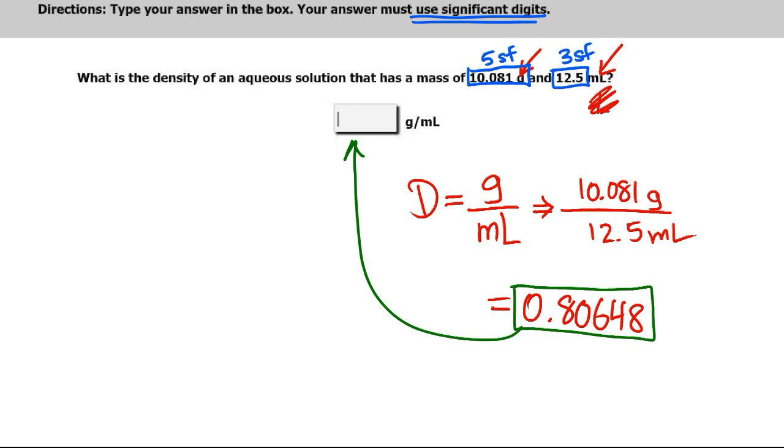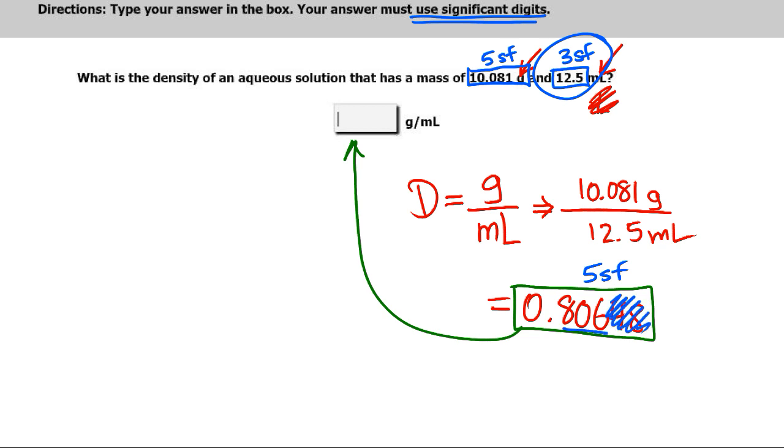But when we do our math in the calculator, we get 5 sig figs. And if you remember from significant figures, we cannot use or report more digits than the lowest number of sig figs in the problem. So between 5 and 3, 3 is the lowest number of sig figs. So we're going to have to cut our answer off, providing only 3 sig figs.